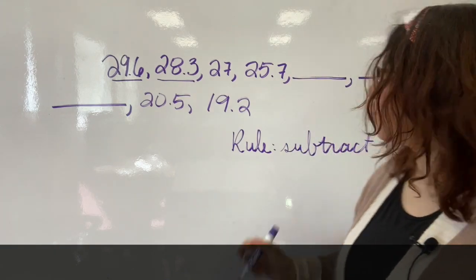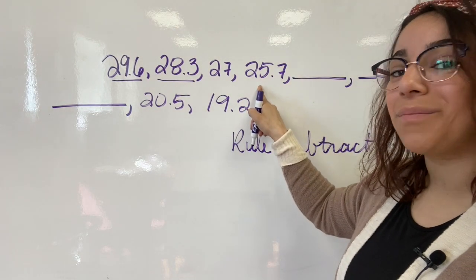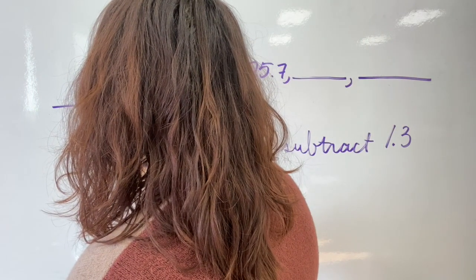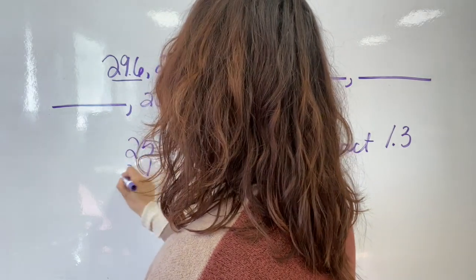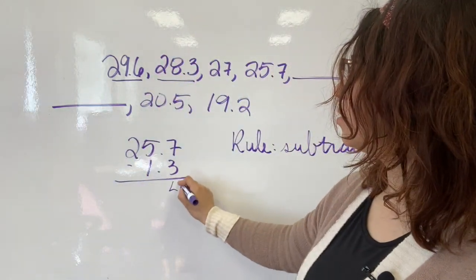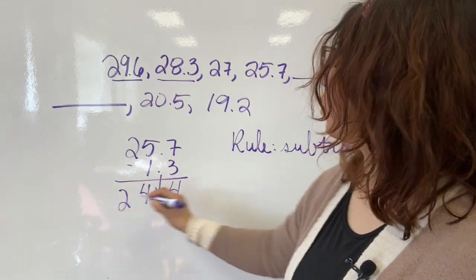Because we already know the rule, which is subtracting by 1.3 every time, I can take the last number, which was 25.7, and subtract 1.3, which would give us 24.4.